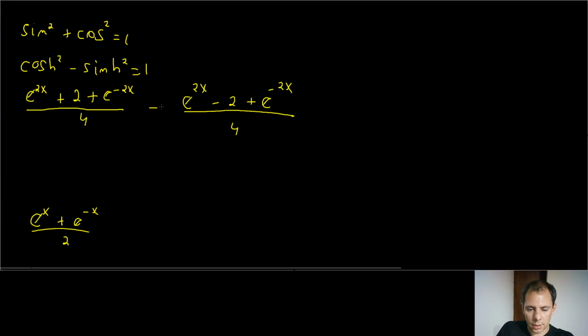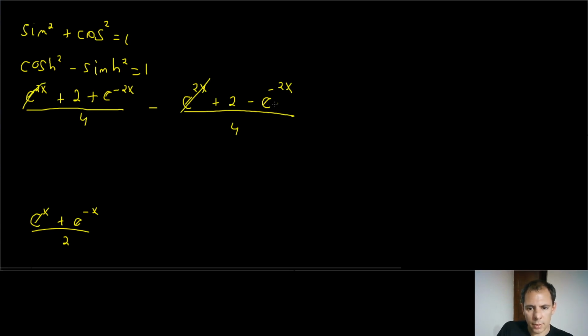So here's the thing, it's minus this whole thing. So let's change the signs here. Minus with a plus, minus, minus with a minus, plus, minus with a plus, minus. So you have e to the 2x minus e to the 2x, this is going to be 0.